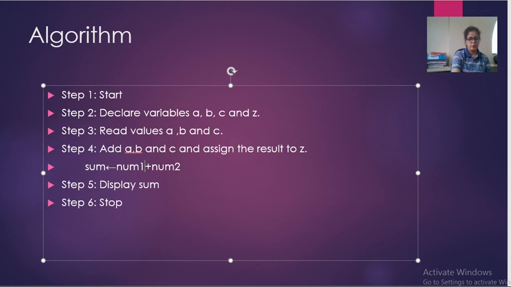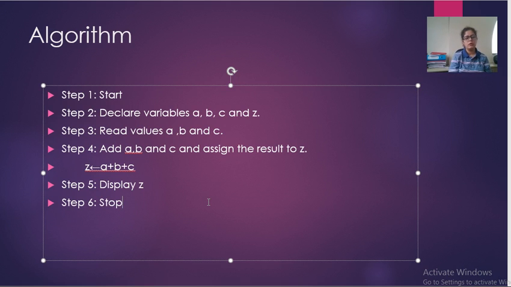Here we have to write the expression as A plus B plus C, and transfer the result into variable Z, and display variable Z. So this is how you have to write an algorithm.